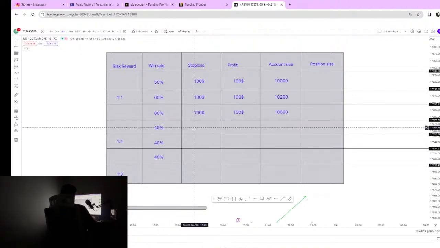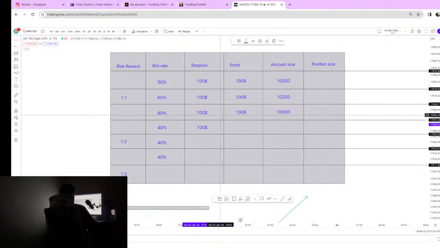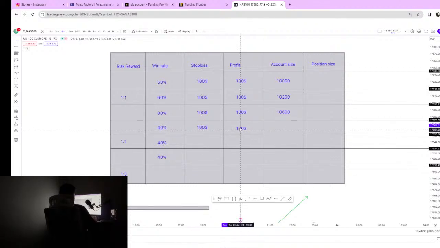So now let's talk for 1:2. Risk per trade or stop loss is same $100. Alright. What will be our profit now? We are talking for 1:2. Tell fast. Don't take much time in these simple questions. It will be $200.